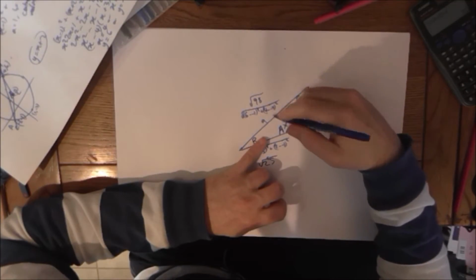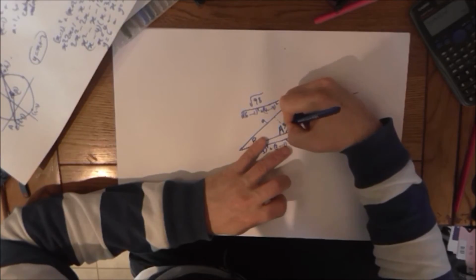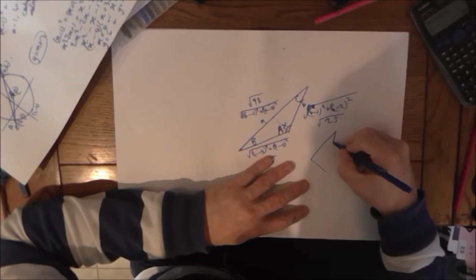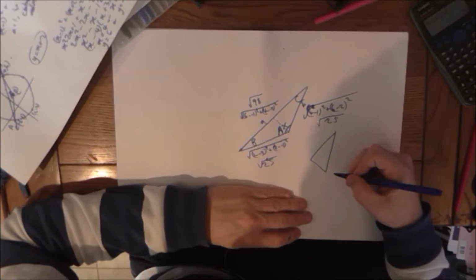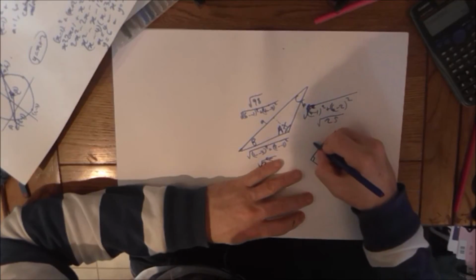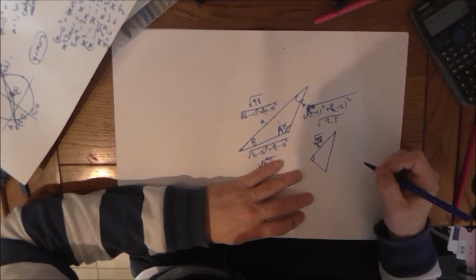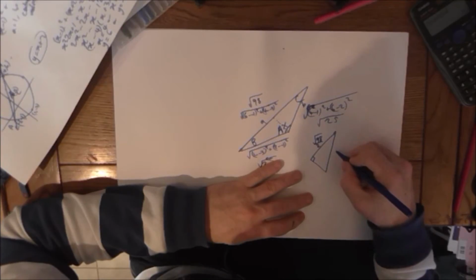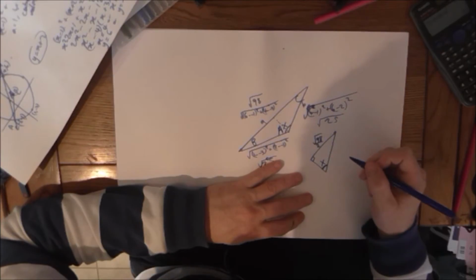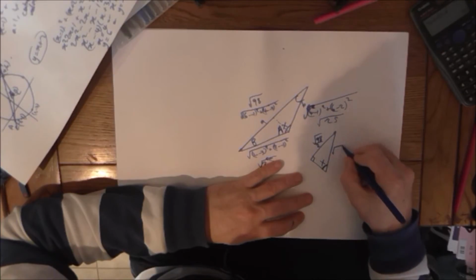So, I think sine will be the fastest on this. So I'm not going to use the cosine rule. That's square root of 98 over 2. That's square root of 25. And I want to find this so that I can double it.